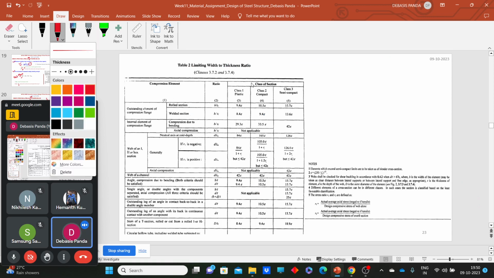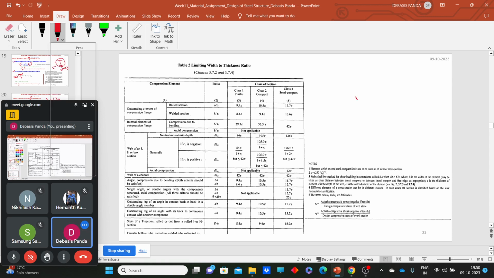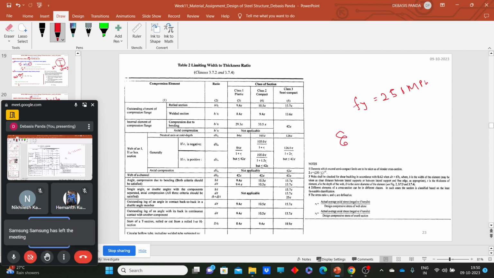For our case, we have considered the value of Fy as 250. So obviously the value of epsilon will become the square root of 250 by 250, that means 1.